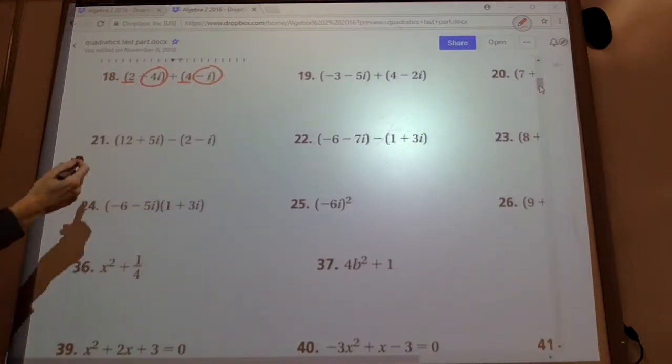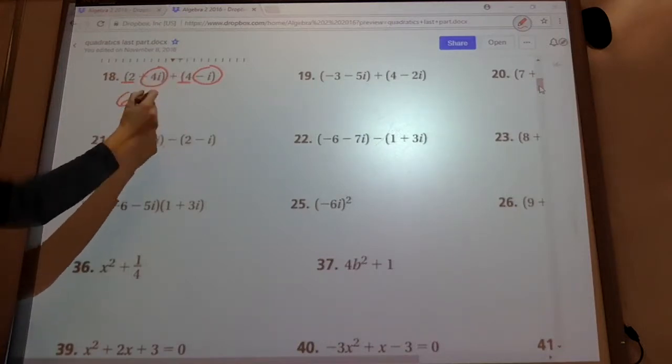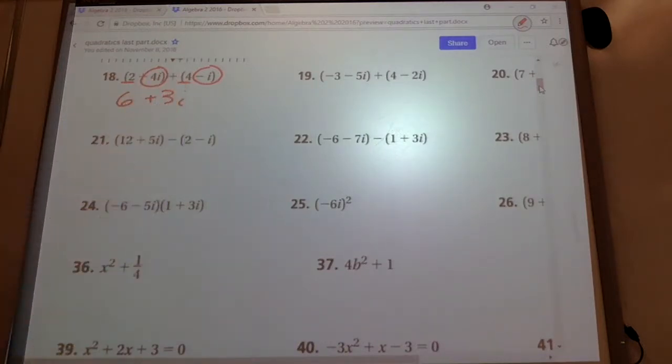When you're adding, you add the real parts together, and then you add the imaginary parts together. So adding two complex numbers together equals a complex number.